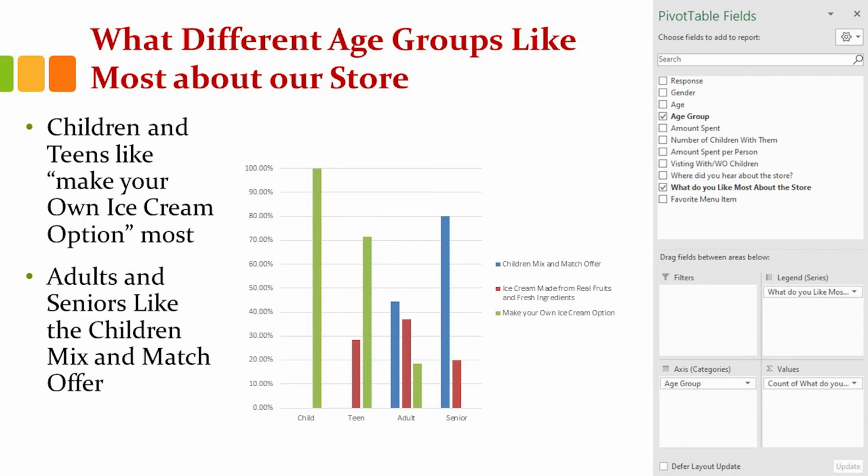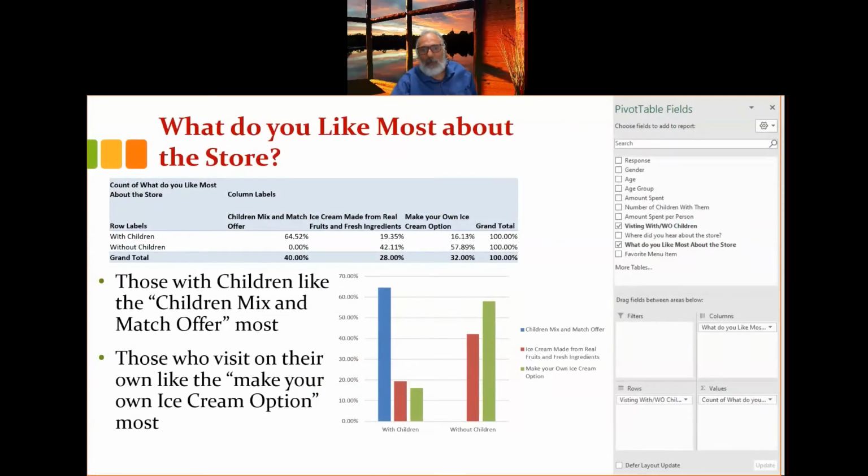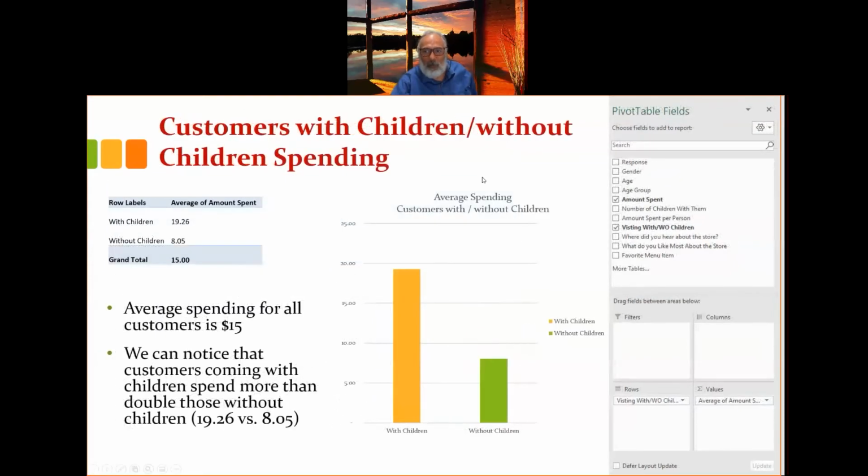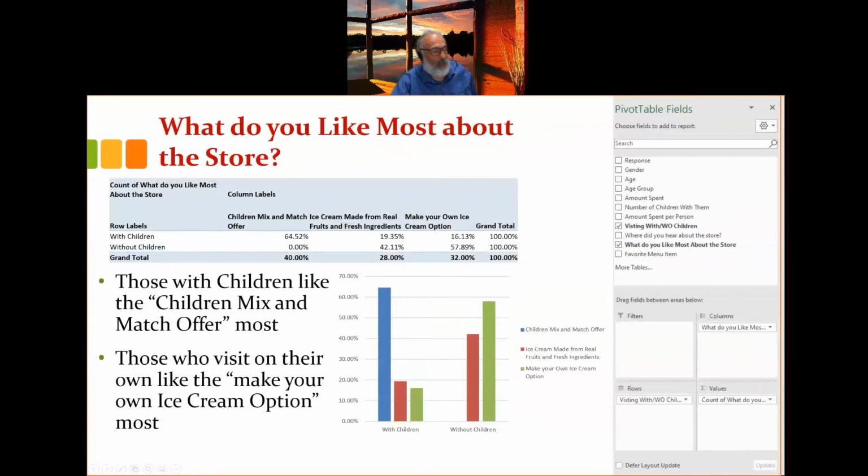So let us have a look here. So again, this is how it is represented here. Here it is representing with children, without children, how they are different in their top reason for coming. So let us try to perform that ourselves in Excel.